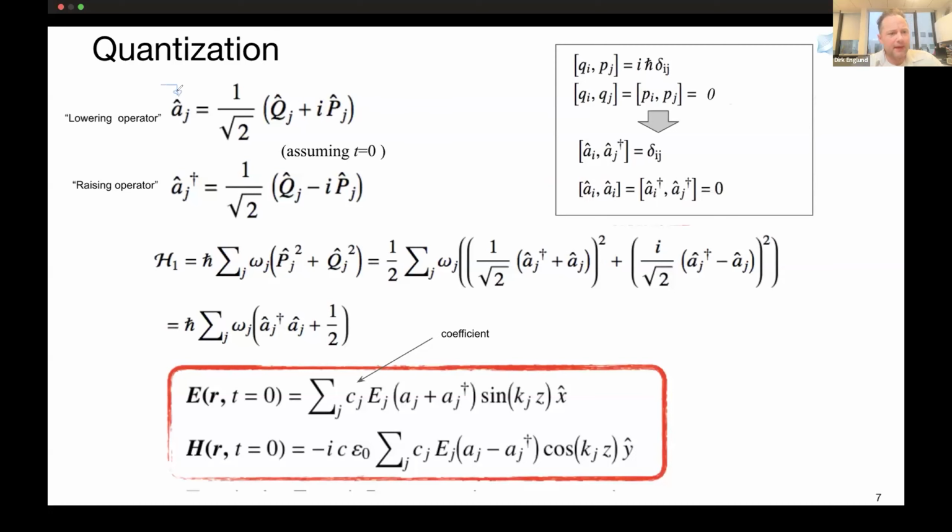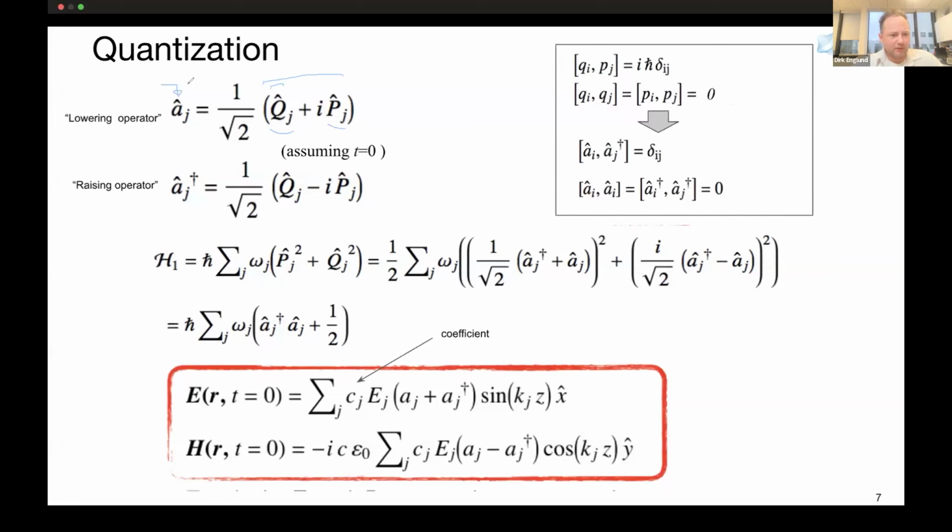And here it's useful to introduce some additional operators, A and A dagger for the jth mode, that correspond to the so-called lowering and raising operators of the energy of the harmonic oscillator. These are represented here as sums and differences of the Q and P operators on that mode.